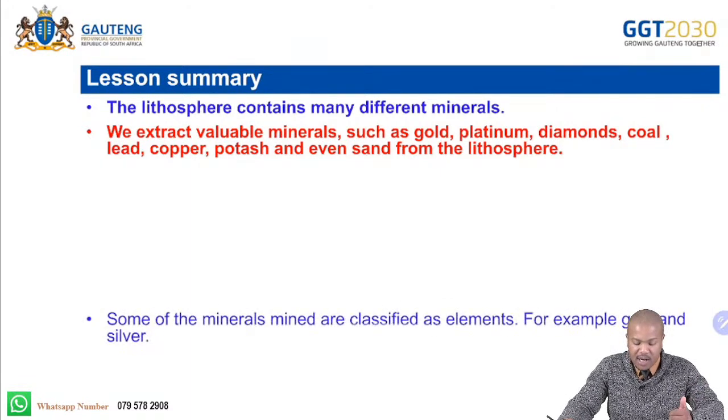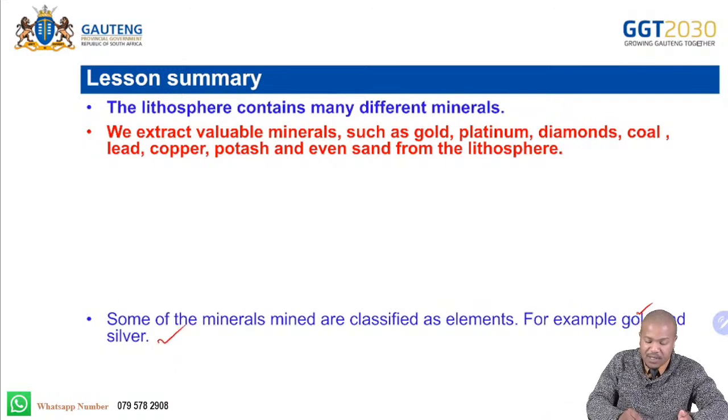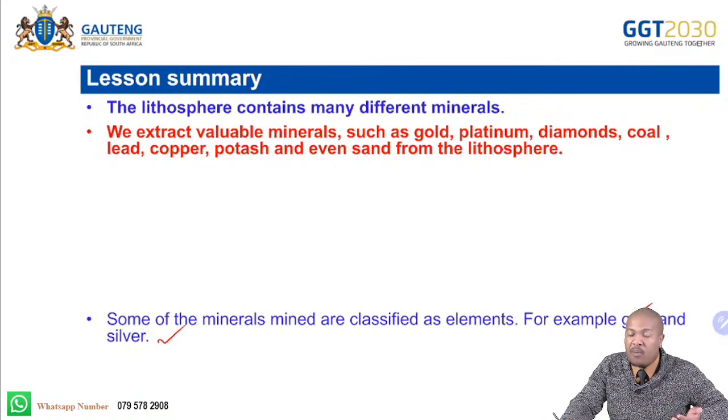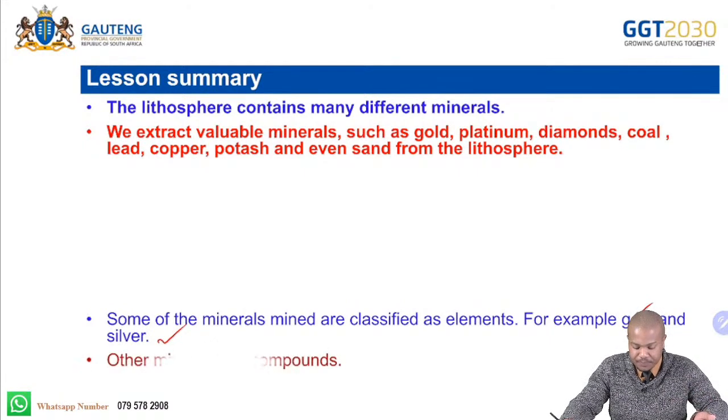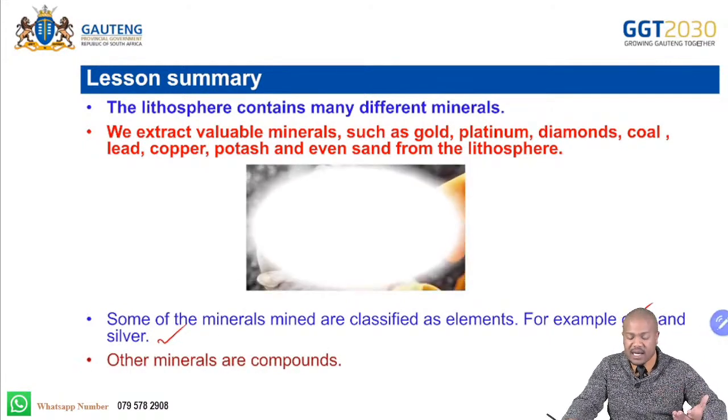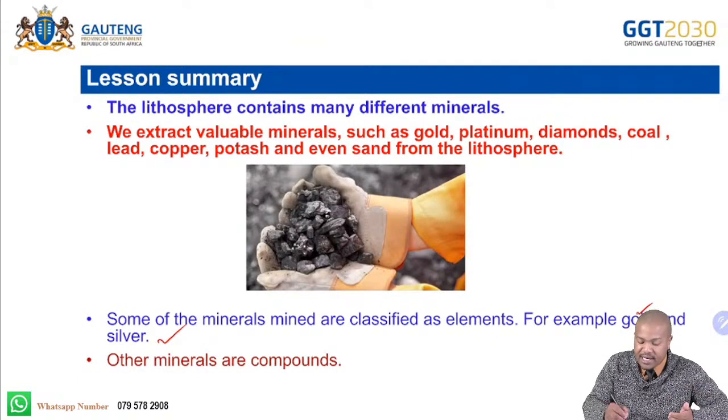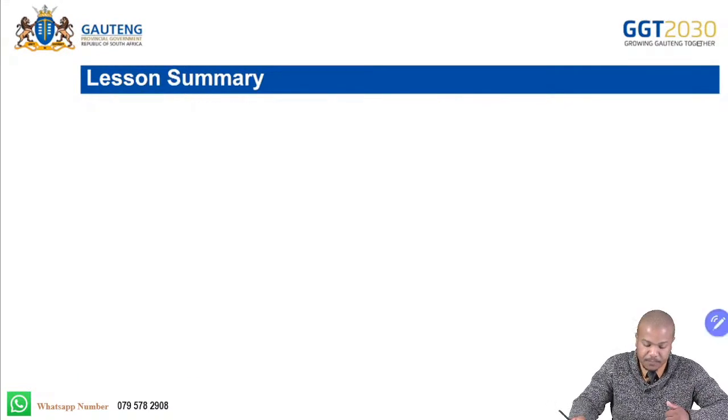right? And also some of these minerals are classified as elements. For example, we have gold and silver, right? They come in the form of elements, and some are coming in the form of compounds, right? And here's an example of coal that has been mined, right?